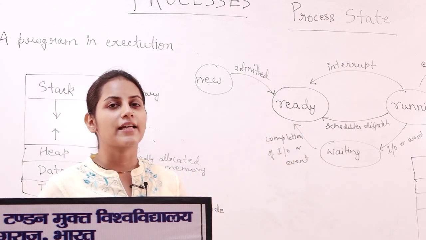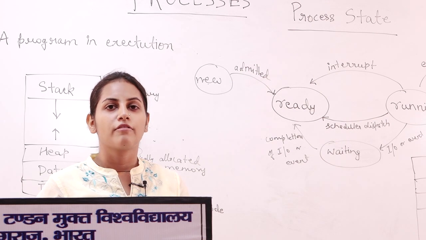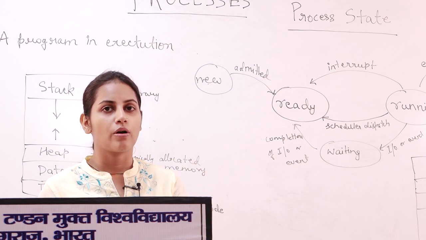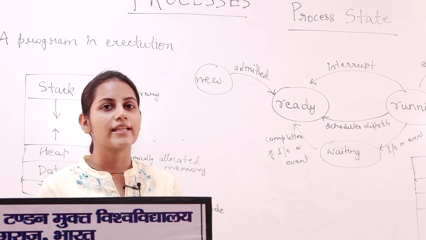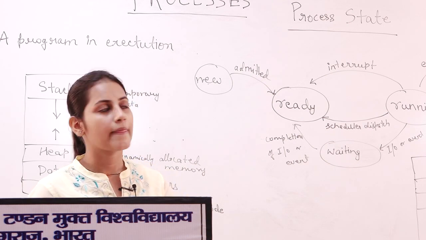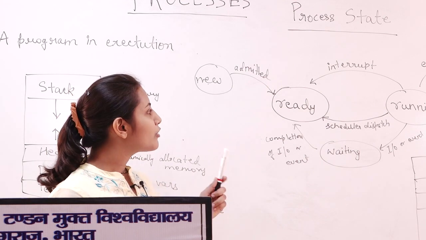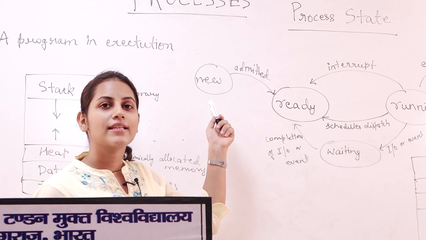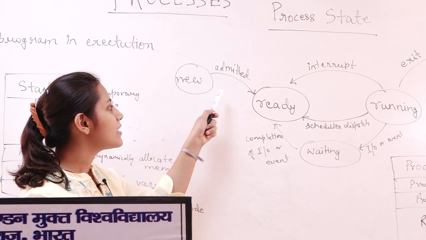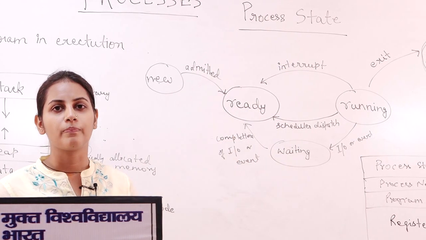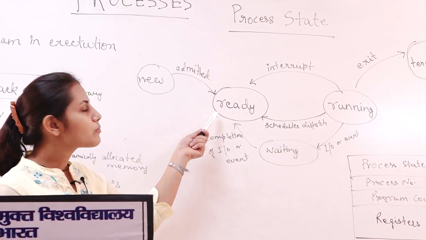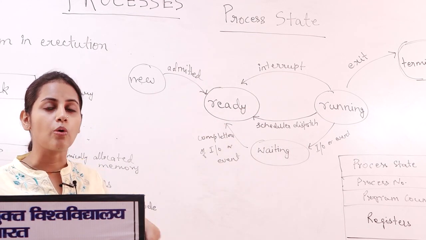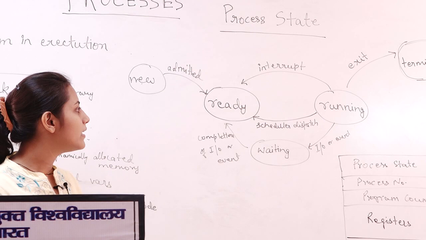Queue is a simple data structure, and the process that lies at the front or the start of the queue is selected for execution. The queue from which CPU selects the process is the ready queue. So, once the process is submitted into the main memory, the process simply goes into the ready queue. We will discuss more about the structure of this queue and how the processes are stored or represented in the queue later in this lecture.